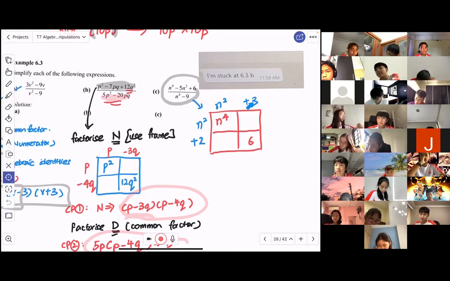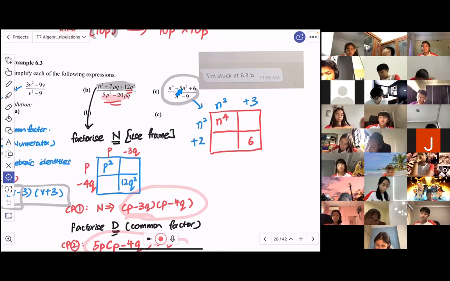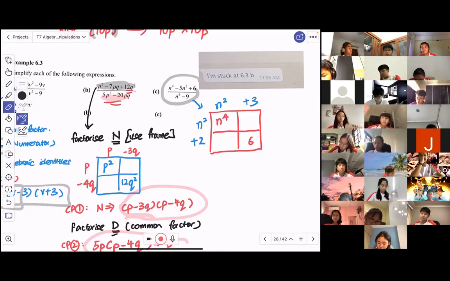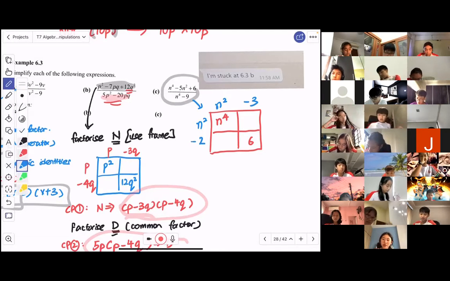Should I be using +3 +2, which gives me 6, or what should I be using, given that I want a negative outcome? Both negative. Correct. Very good. So I really want a -3 and a -2. Okay, so far? Let's try this.